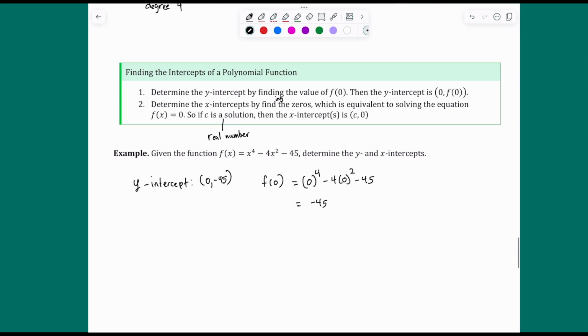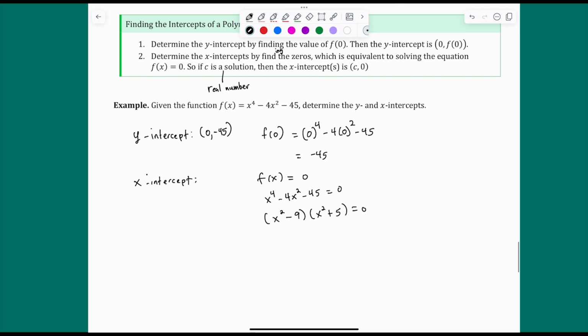All right, what about the x-intercepts? That means we solve the equation f of x equal to 0. So we have x to the fourth minus 4x squared minus 45, and we have to solve this equals 0. Well, this has quadratic form, and it would factor as x squared minus 9 times x squared plus 5 equals 0.